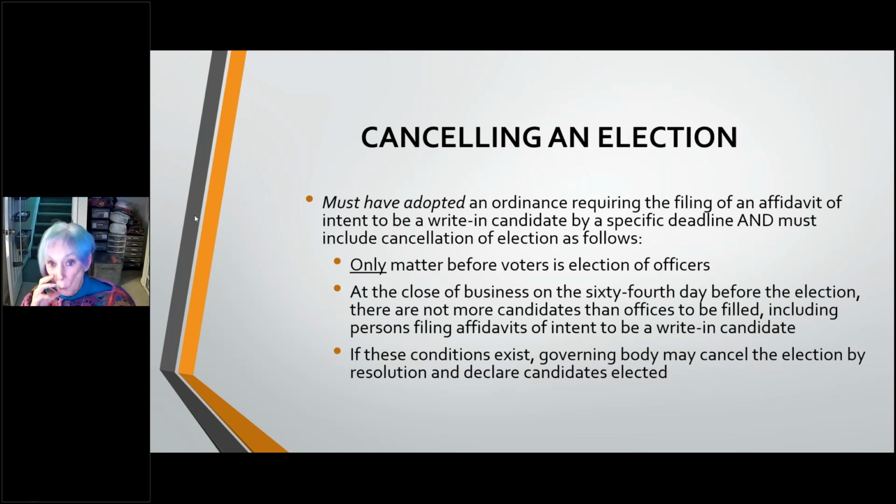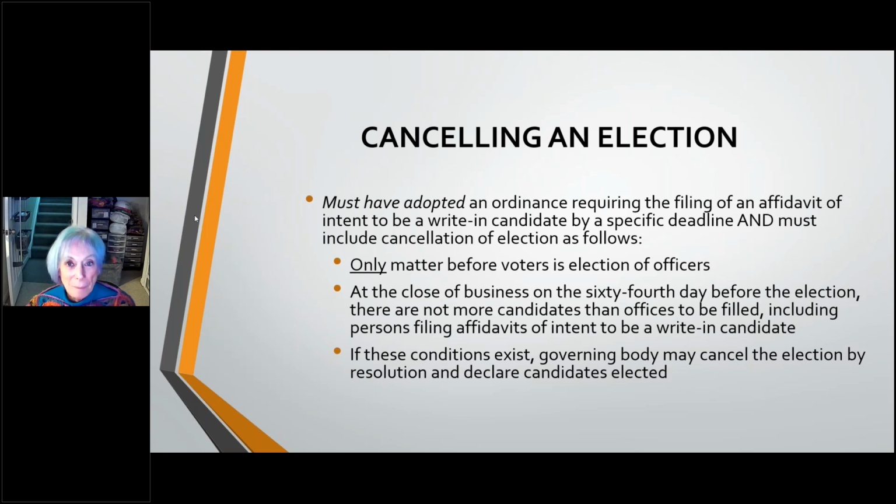And I want to focus on the word elected because this has come up recently, including a conversation I had today with a reporter who was trying to understand the election law. So let me talk about the difference here between elected and appointed. If somebody files a nomination petition and the petition is valid and they get their name ready to be on a ballot, and you cancel the election, then they are declared to be elected.